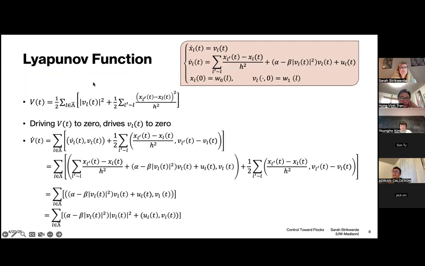Okay, so to do the first step, what we use is the Lyapunov function. We're looking at this capital V of t, which we'll call the Lyapunov function. This right here has the energy in it. And our goal is to drive this capital V of t to zero because that's also going to drive this V of L towards zero as well.